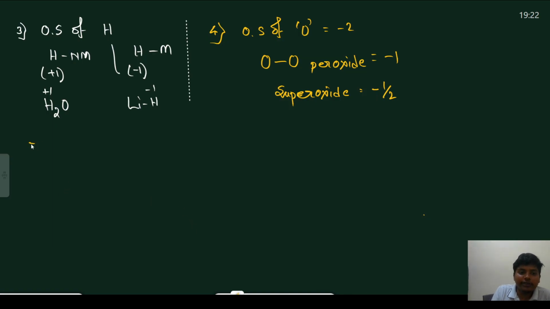Now, the last rule is very simple. Hydrogen, oxygen, first group element, second group element, fluorine: this you understood.